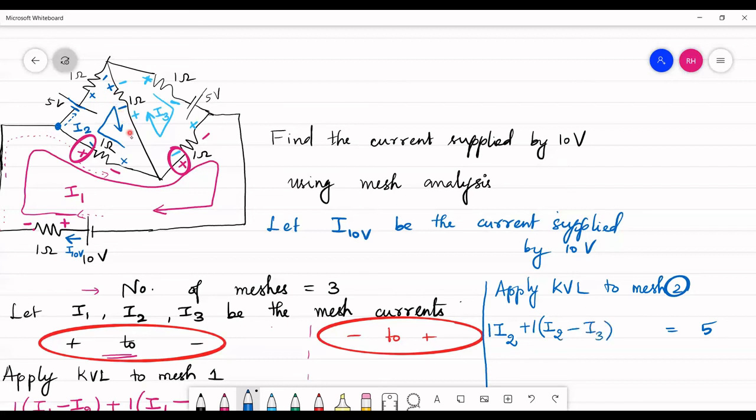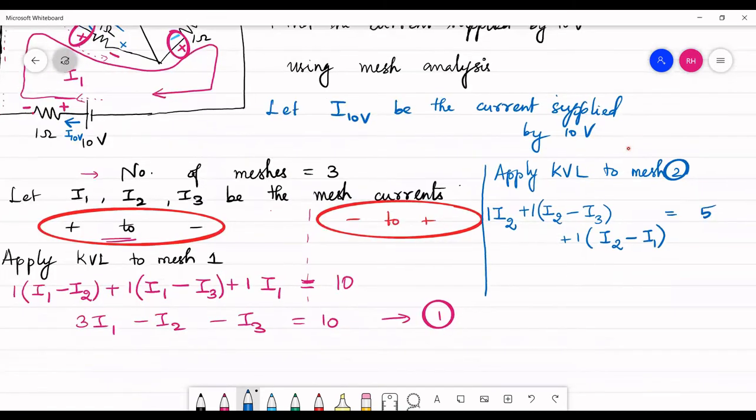And then I continue to walk again, from plus to minus. Across this 1 ohm resistor, I have 2 currents flowing, one is I2, the other is I1. I1 is opposite to I2, and hence I write I2 minus I1. Okay, so simplify this equation.